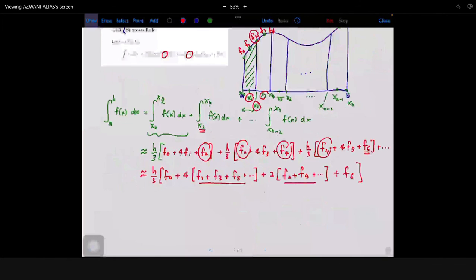Sorry. In general, H kita adalah B minus A divide by 2, right?